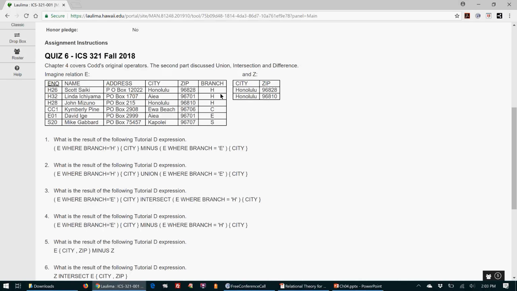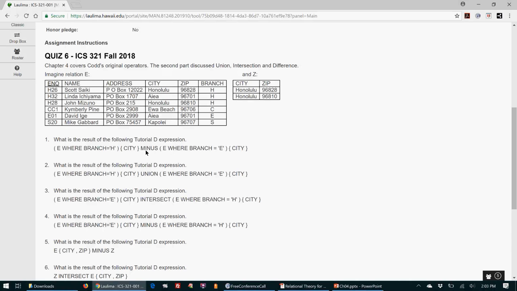One looks like this, and the other one looks like this. That's kind of weird. What is the result of the following Tutorial D expression?